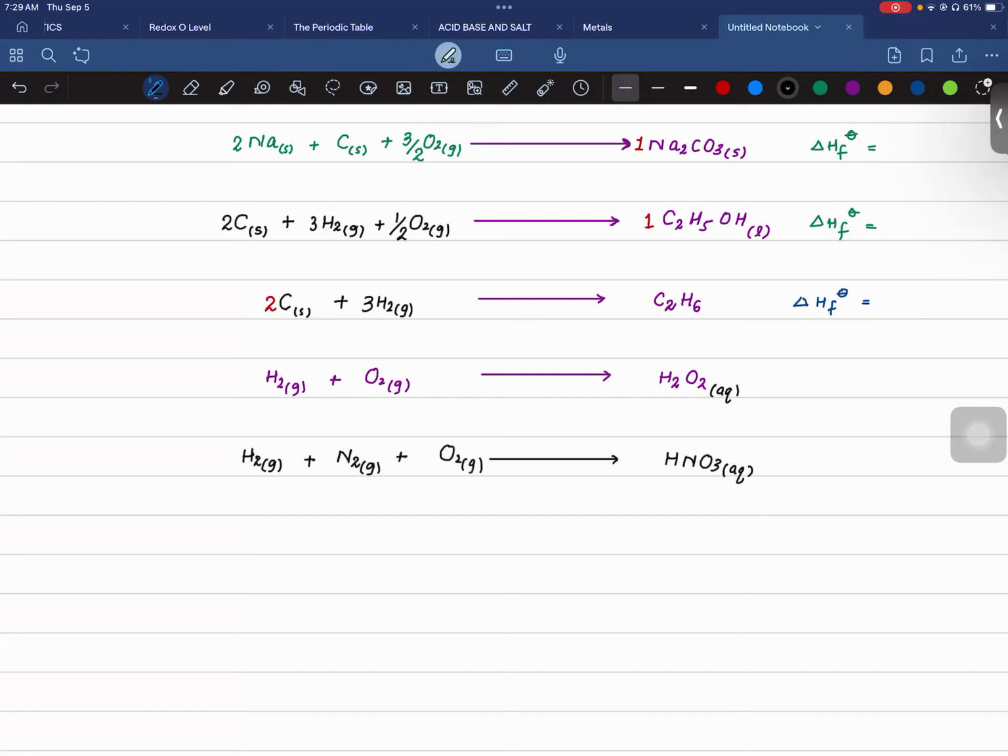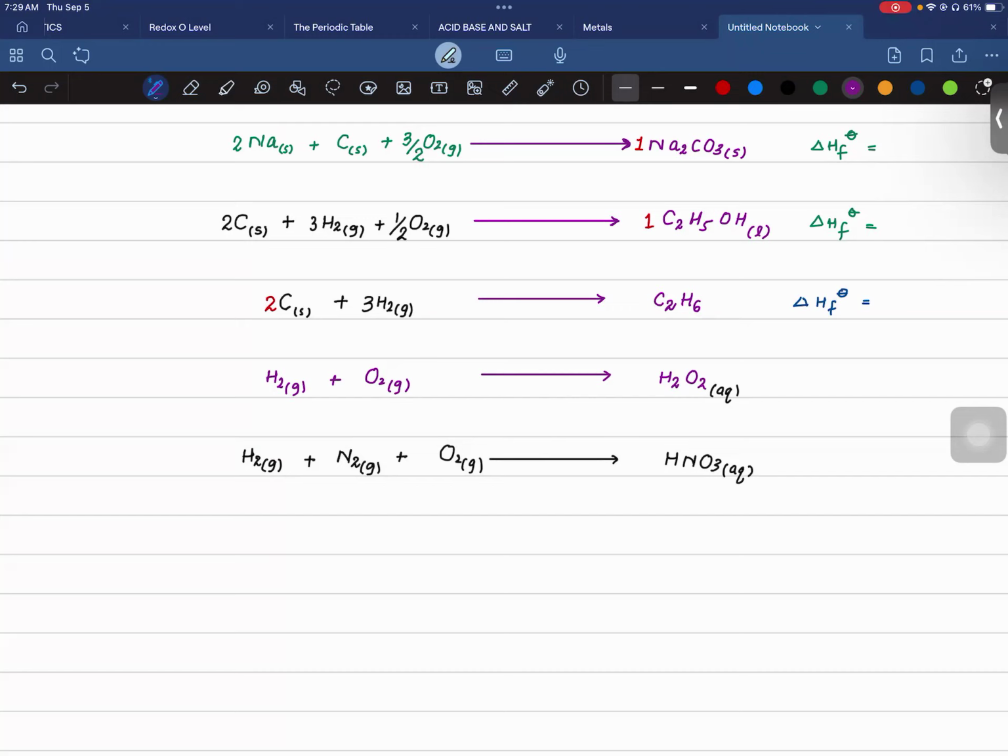These are the standard states for hydrogen gas, nitrogen gas, and oxygen gas. So to balance this equation, Taha, which number am I supposed to write? 2HNO3 and 3O2.